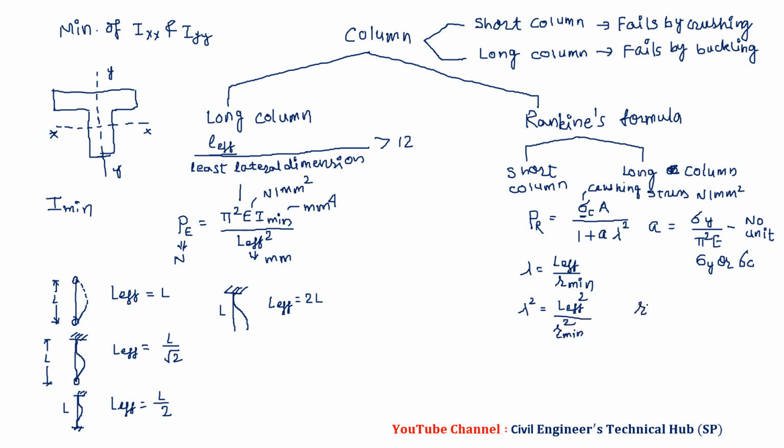Now we have R minimum square equal to I by A, or you can write R minimum equal to under root of I by A. And you can write this value directly, lambda square equal to A into L effective square divided by I minimum. This is again an important one. This is I minimum. And likewise, we have to solve the problems which are related to columns.